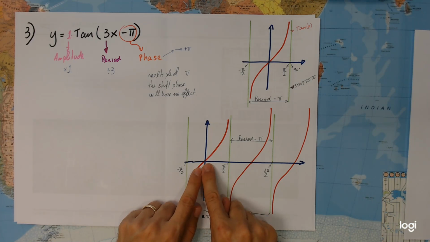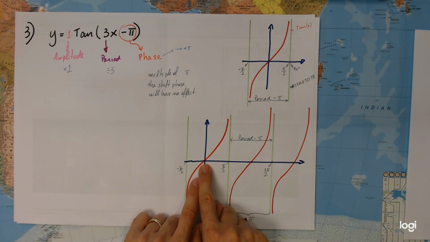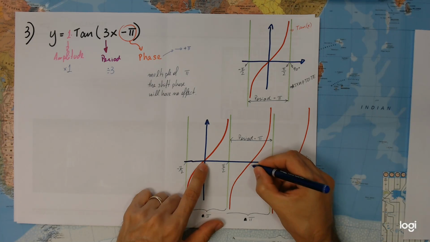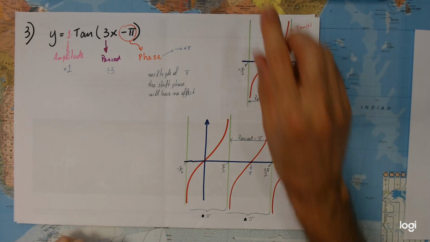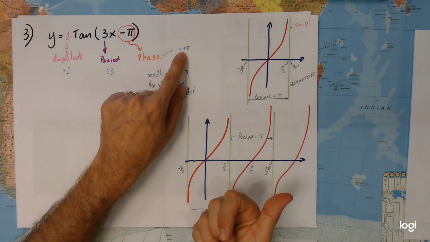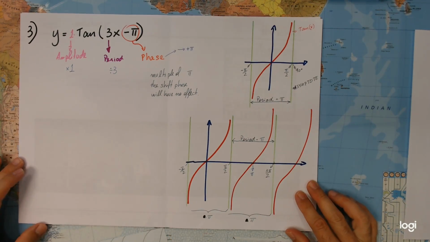We start in here. If we just shift pi, this is going to land in here. If this is 0, this is going to be pi. Now if we shift this curve pi to the right, we are going to land exactly in here, so nothing is going to change.